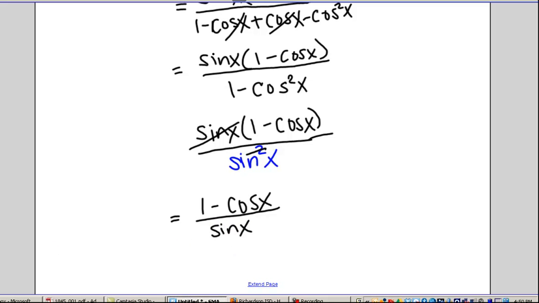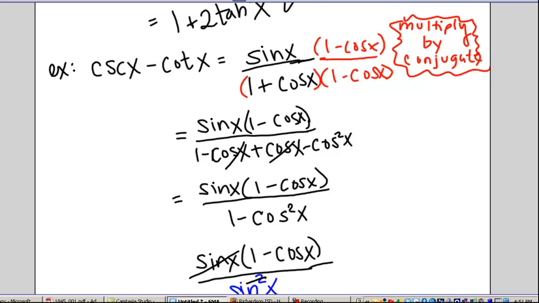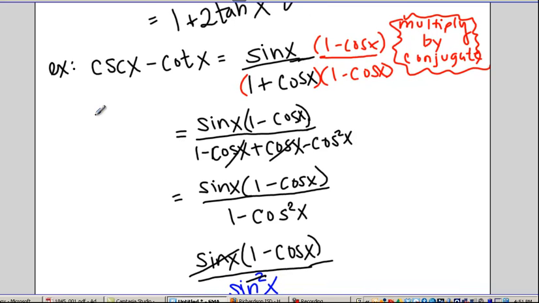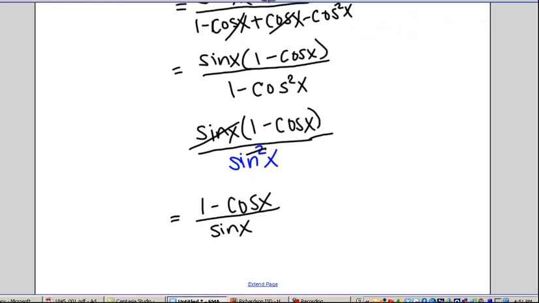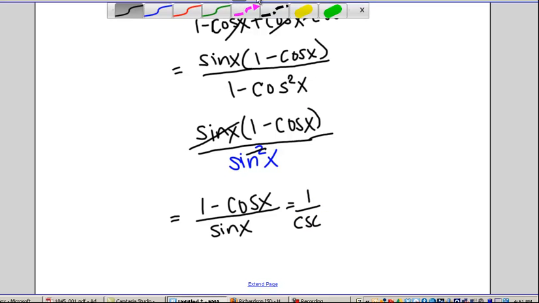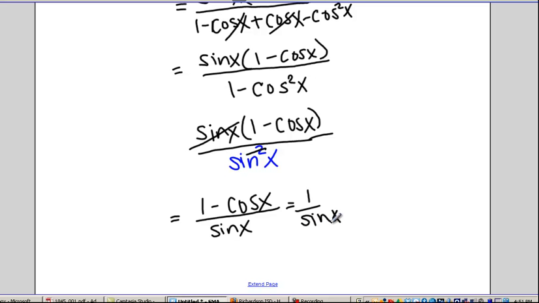Okay, let's look back up at our problem, what we're trying to get it to look like. Okay, we got cosecant, I keep saying that wrong, cosecant minus cotangent. Well, we are almost done. 1 over cosecant. Okay, it's Friday at 5 o'clock, so I'm getting a little delirious. 1 over sine of x minus cosine of x over sine of x.